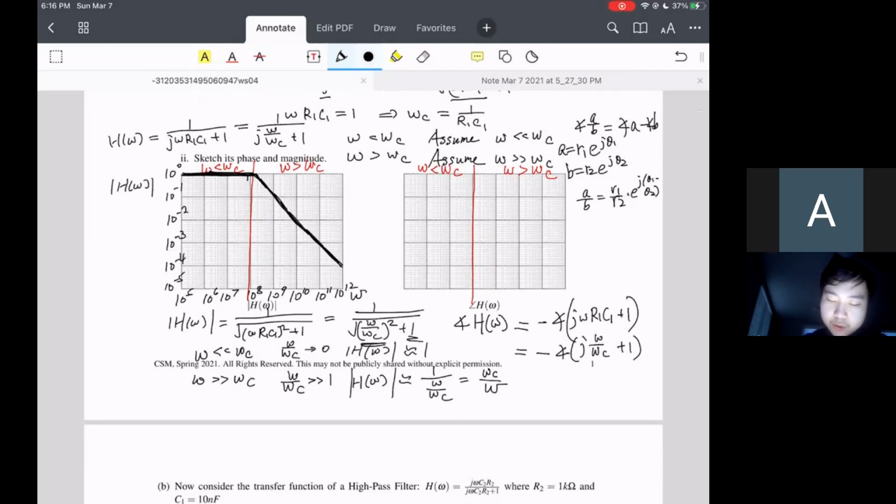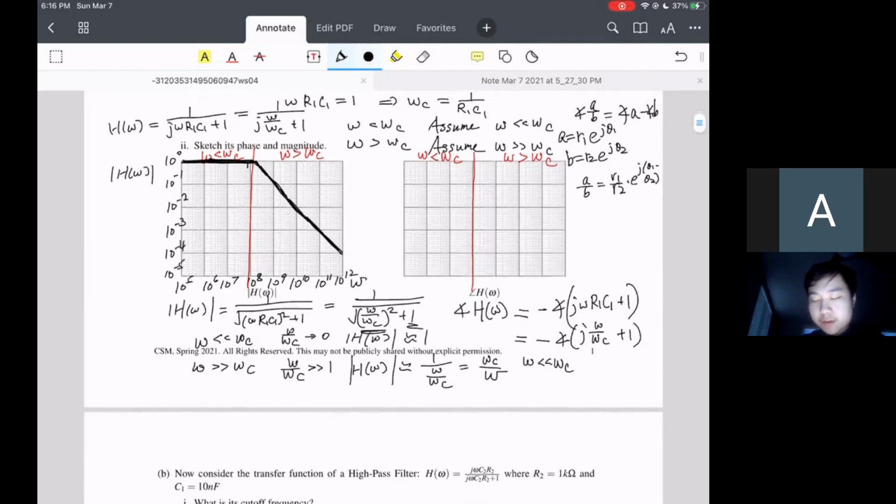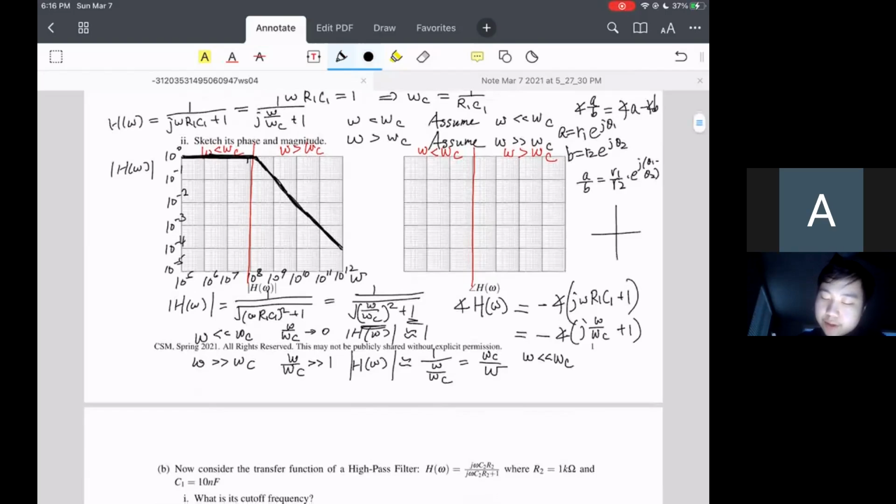Okay, so when omega is way less than omega c, we should actually draw out the coordinates for that. We have the real part, we have the imaginary part. When omega is way less than omega c, this is actually close to 0, right?